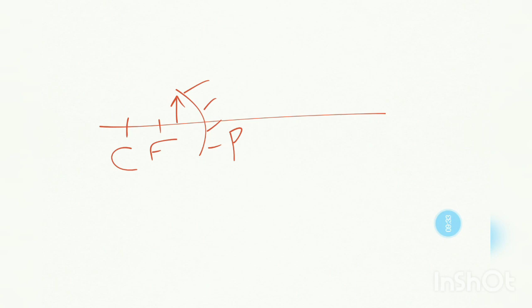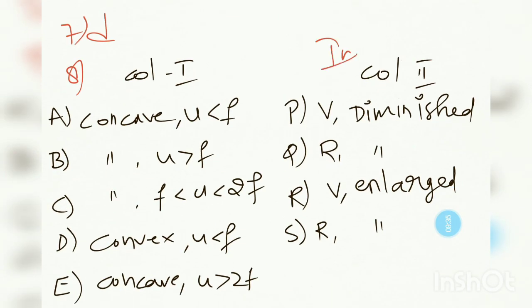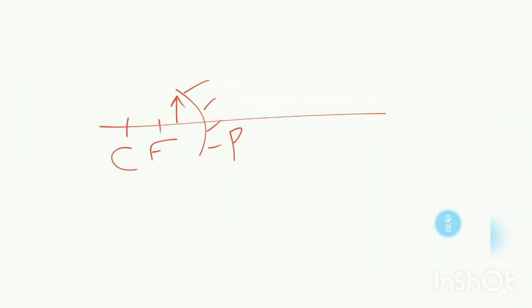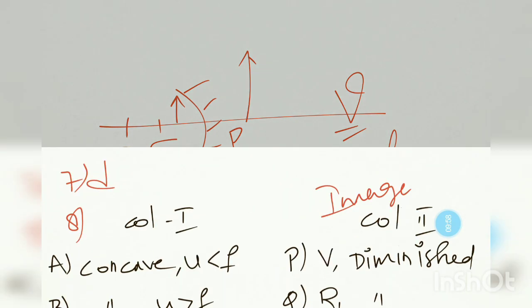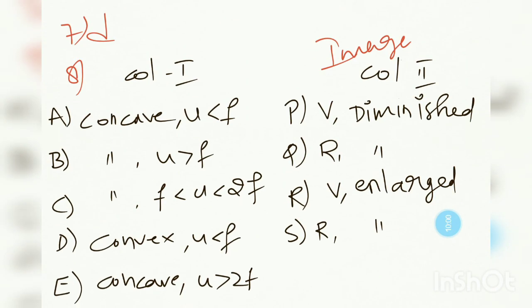First we have to explain the image properties based on the given object position. When it is placed this way, you will get a virtual image, the last case you know. You will get a virtual and enlarged image in this case, and that matches option R.